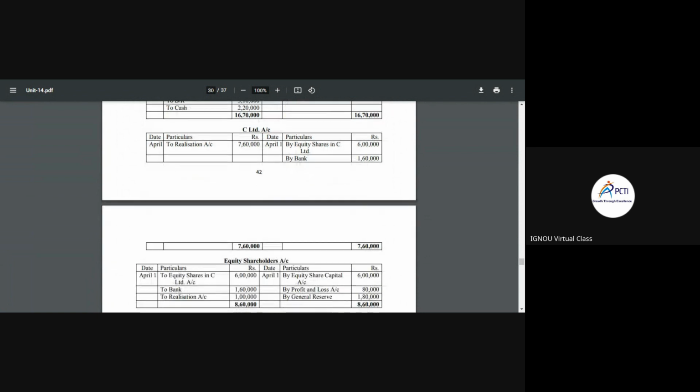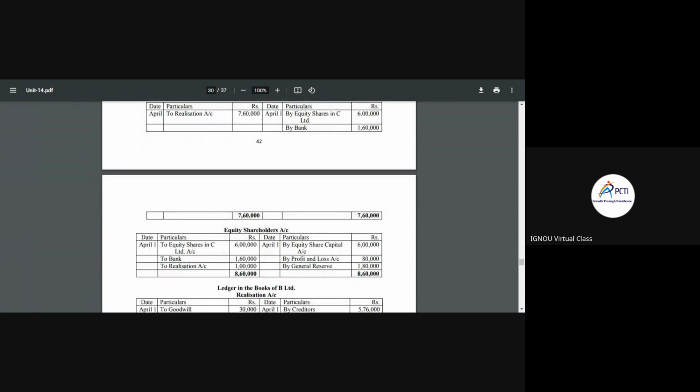Next account we will make is the C Limited account. In this case, to realization account, we will have the amount of 7 lakh 60,000. And in the second case, we have the equity share in C Limited that will be 6 lakh. So by bank, the amount will be the adjusted amount that will be 1 lakh 60,000.